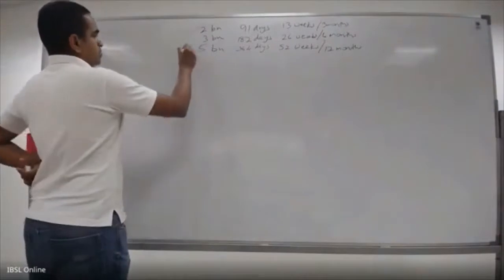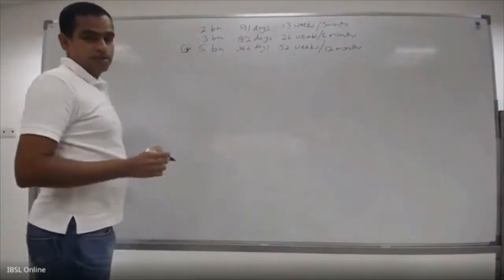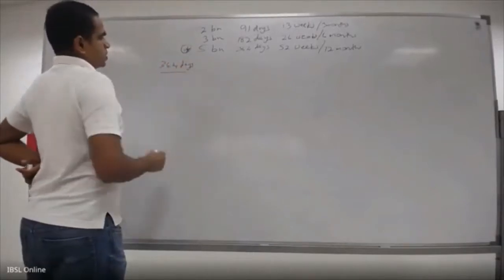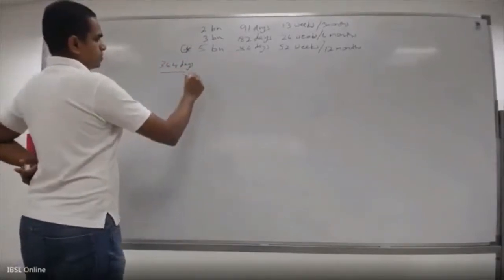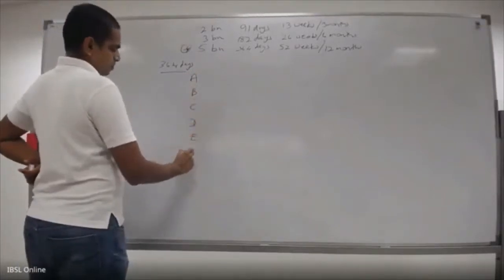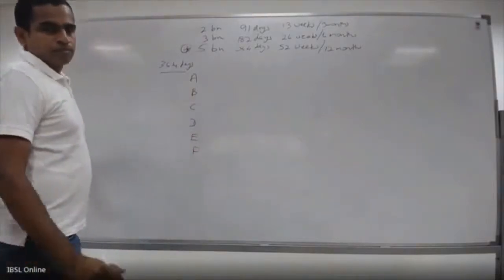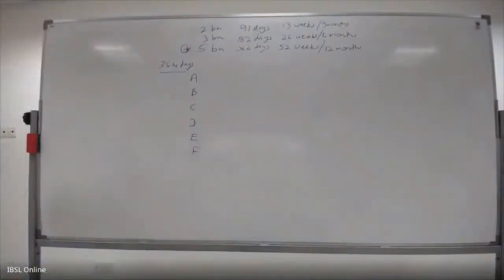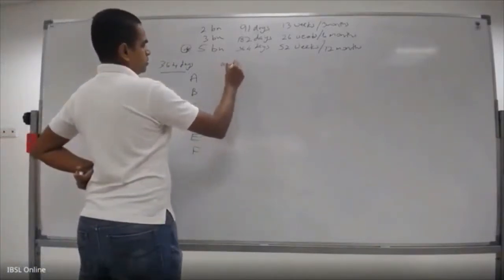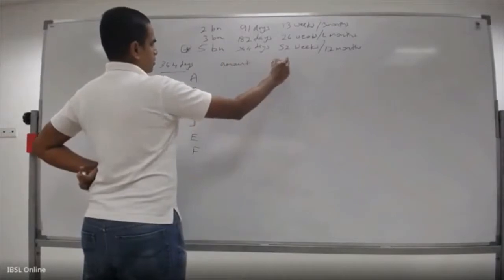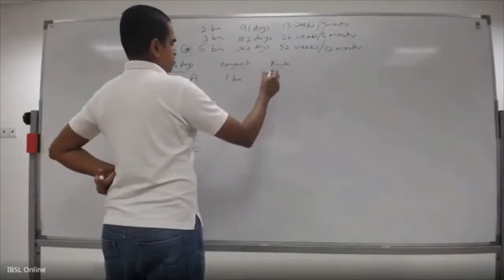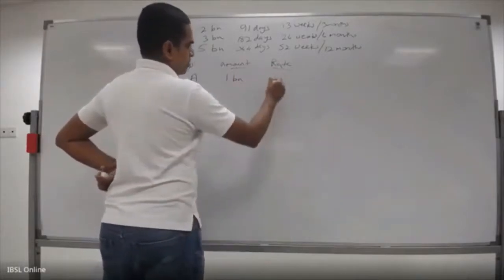So let's take, for example, what happens on the 5 billion, the 364 days. Right. So let's say there are a few banks, A, B, C, D, E, and F. So A bids an amount and the rate. Say A bids for 1 billion at let's say 4.95%.